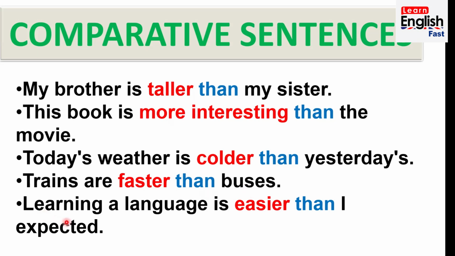Last example, learning a language is easier than I expected. Kwiga Icyongereza biroroshe kuruta uko nabitekerezaga maze kubona teacher bonus. Learning a language is easier than I expected after knowing teacher bonus.